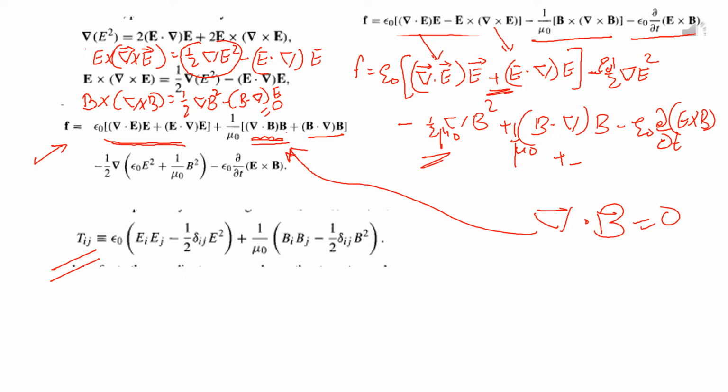And delta_ij is the Kronecker delta, and we know that delta_ij has a value 1 when i equals j, and delta_ij equals 0 when i is not equal to j. That is the property of the Kronecker delta. So we can use this stress tensor expression to simplify the expression that we got above for force per unit volume.